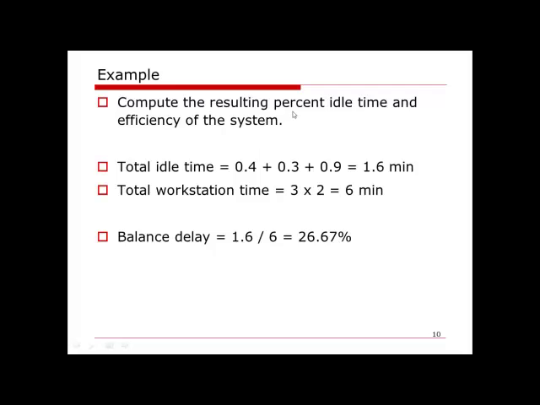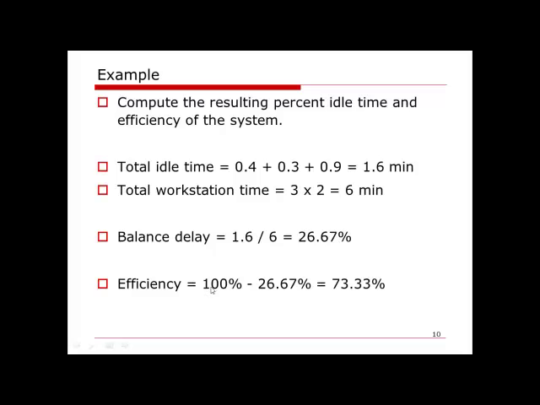The percentage of idle time is what we call the balance delay. It's defined as total idle time divided by total workstation time. So we divide 1.6 by 6, which gives us 26.67%. This is the percent idle time, and it is also the balance delay.